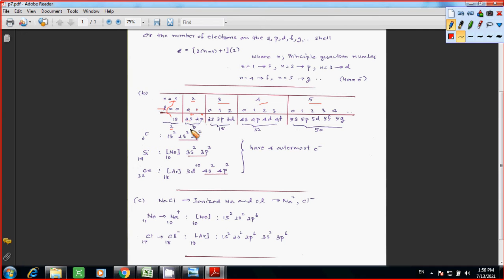So you have a total of 8 electrons. For n equal to 3, you have L equal to 0, 1, 2. So this turns out to be 3s, 3p, and 3d. And the maximum number of electrons in the d subshell is what? 10, right?